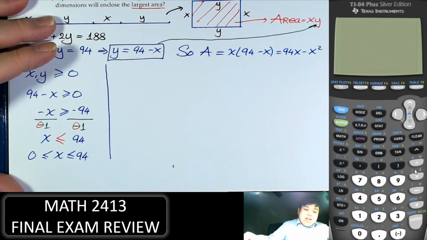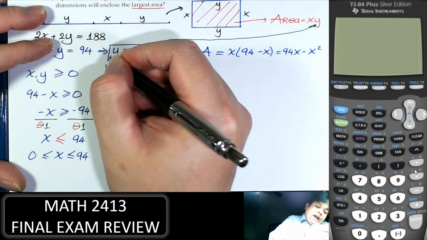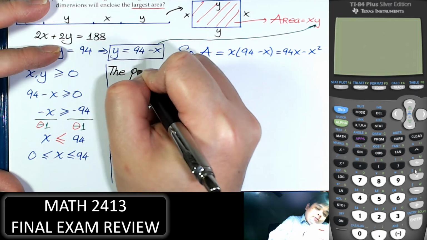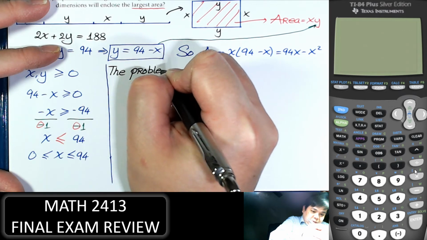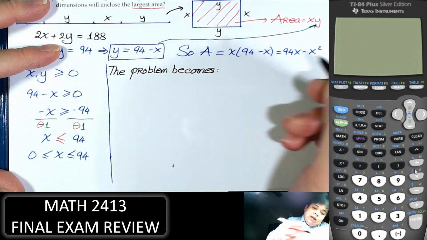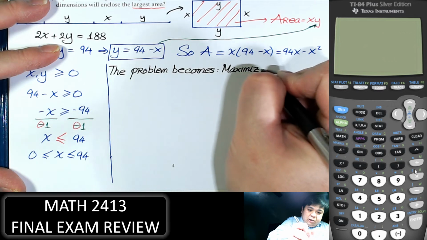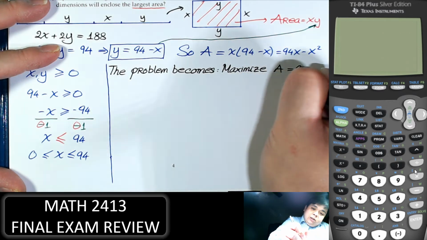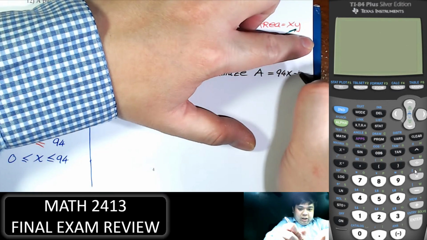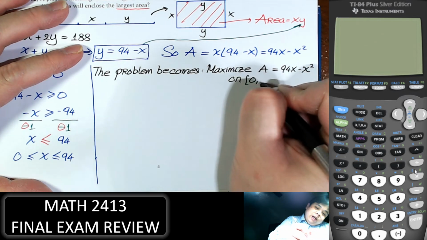So I will usually say the word problem becomes the math problem. And so the problem is to try to maximize this, 94x minus x squared, on the interval of 0 to 94.